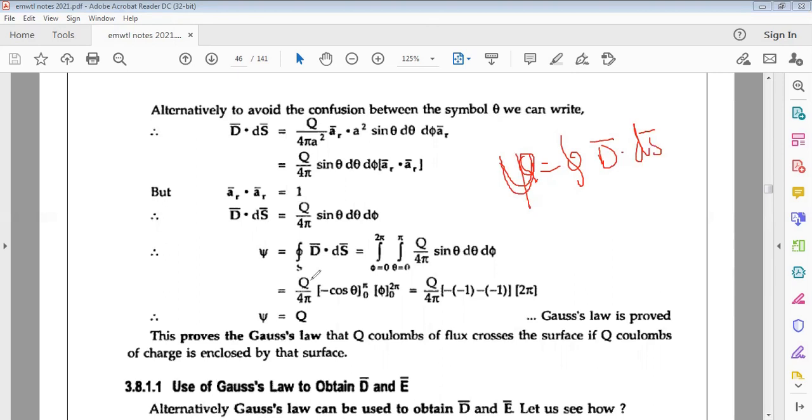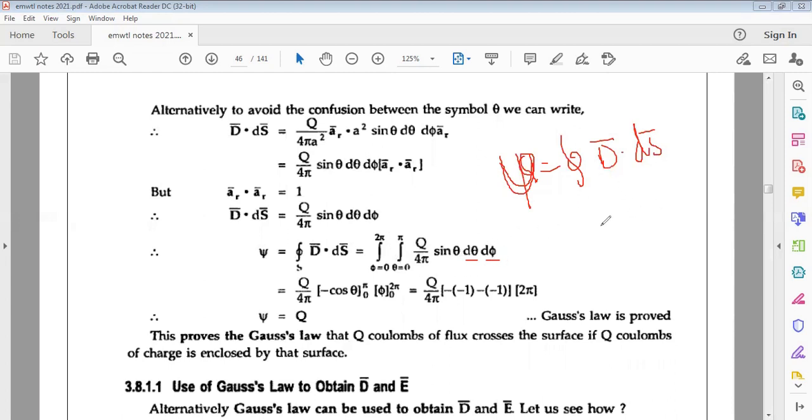Now we are proving Gauss law from Coulomb's law: the flux crossing the surface is Q coulombs if Q coulombs of charge is enclosed by that surface. So psi is equal to the integral of D bar dot dS bar. Substitute Q by 4 pi sin theta d theta d phi. See here the integral is applied with respect to theta and phi. Theta varies from 0 to pi, and phi varies from 0 to 2 pi. We know theta is nothing but the cone.